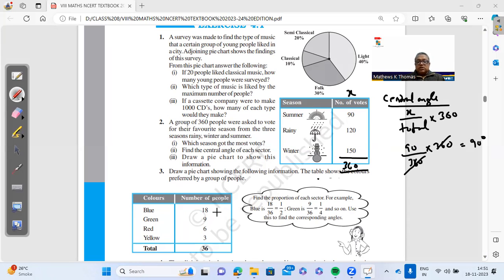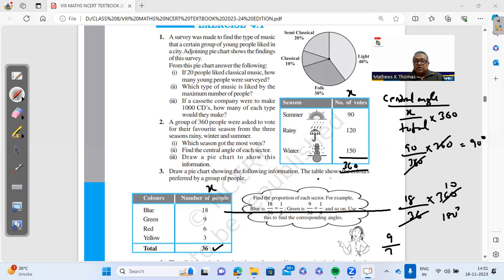If I use this to find the central angle in this question, this is a sample of a chart where 18 people like blue, 9 like green, and so on. So the central angle will be x upon total, so 18 upon total. The total here is 36, multiplied by 360. So 36 goes 10 times, we get 180. In the same way, the next one, 9 by 36 into 360. 36 goes 10 times, we get 90.